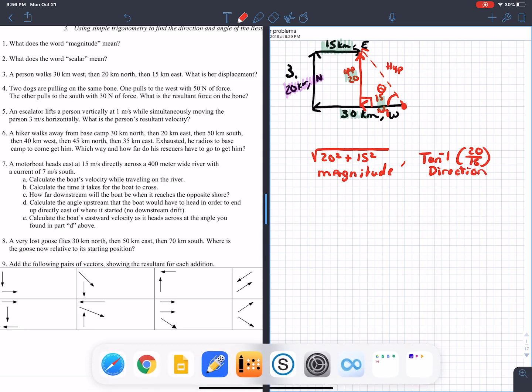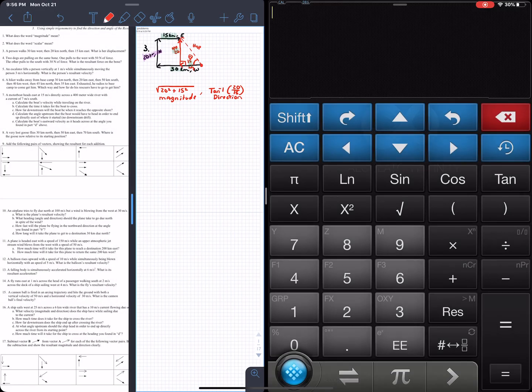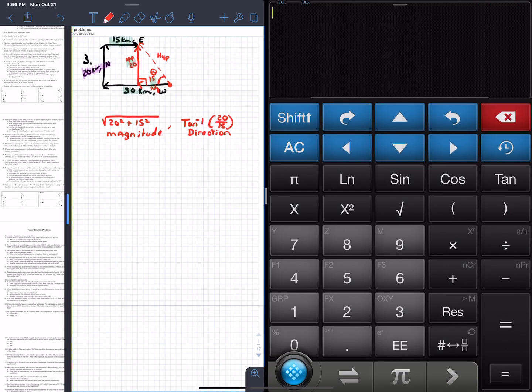So we'll put that into the calculator real quick. We have square root. You always need to make sure that you use your parentheses correctly. We have 20 squared plus 15 squared. Close that. So I know that my magnitude is going to be 25 kilometers.